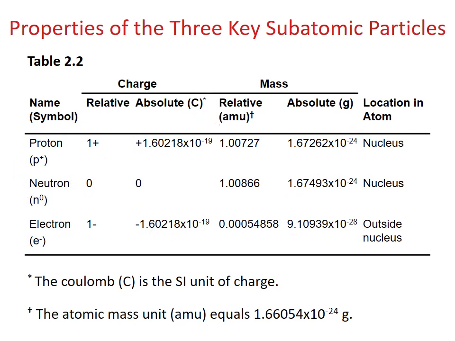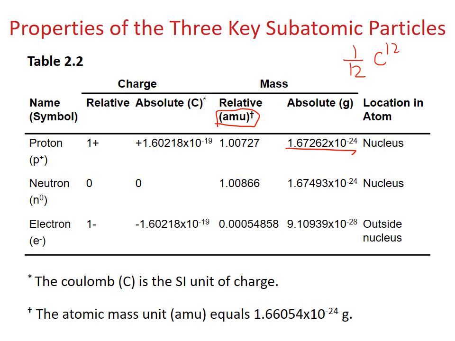In this table, AMU means atomic mass unit. This is a relative number. It is the absolute mass divided by 1/12 of the mass of one carbon-12 atom. Now this unit is for convenience.